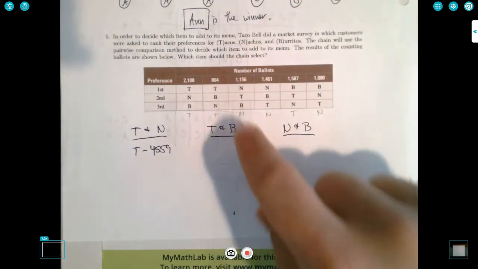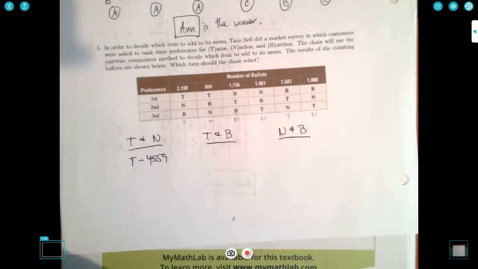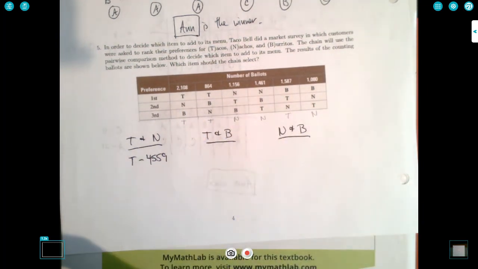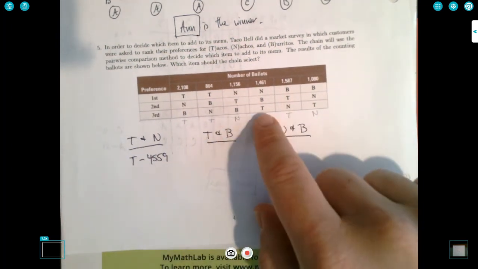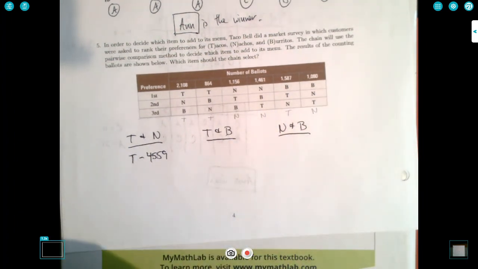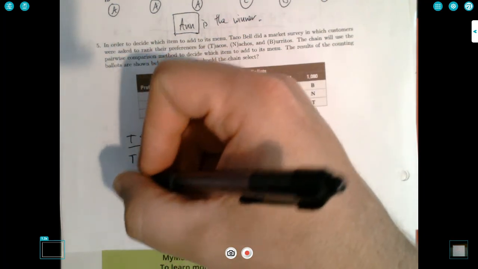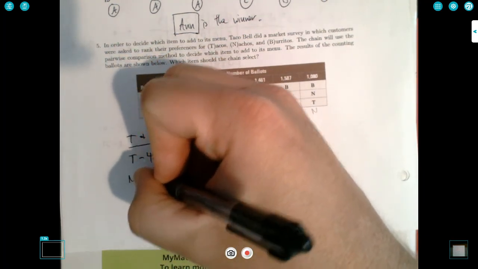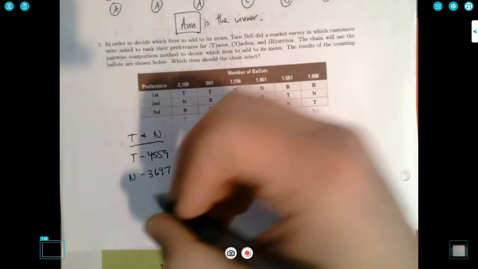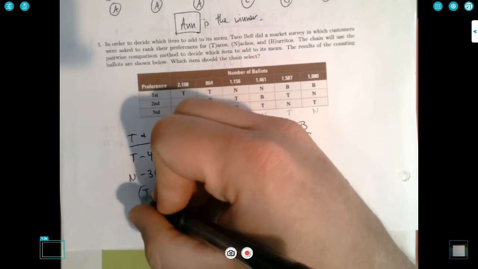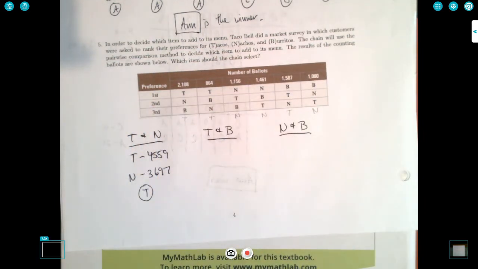Nachos would get 1,156 plus 1,461 plus 1,080. And that comes out to 3,697. Okay, so tacos win that head-to-head election.